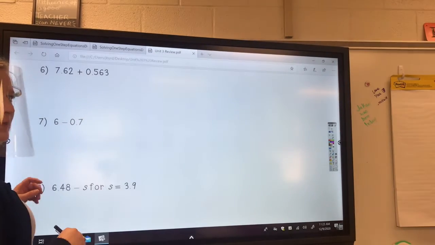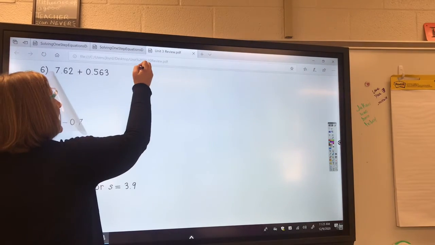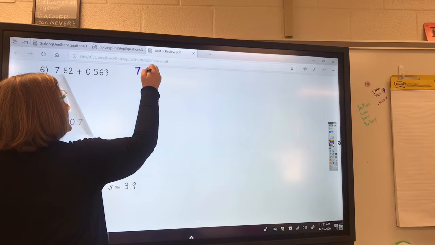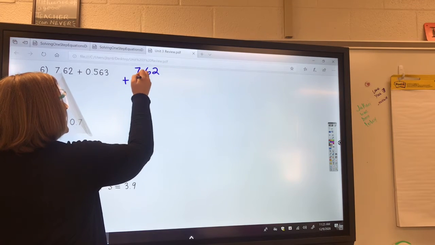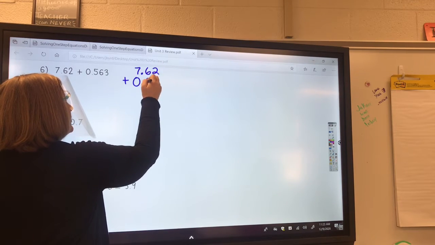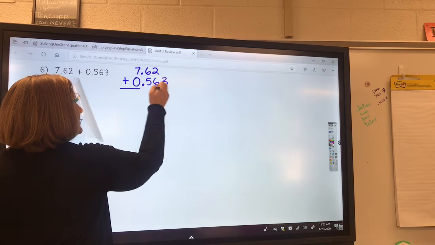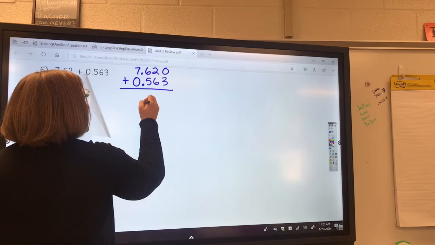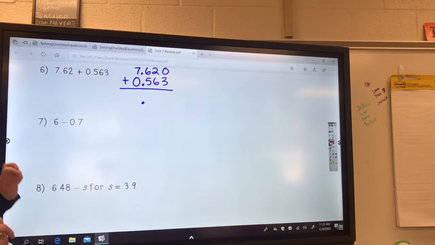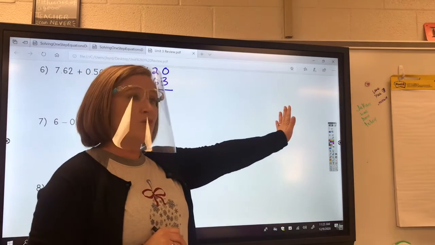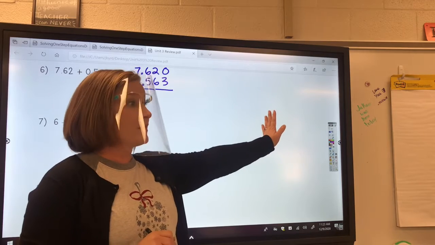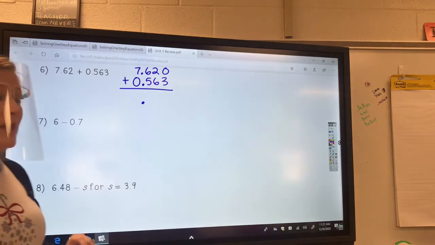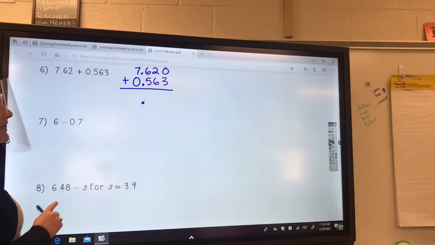Line up the decimals. So I've got 7 and 62 hundredths plus 563 thousandths. And you have to add a 0. I've got to add a 0 and bring my decimals straight down. Now, you've got all of this room over here that you can show your work. And I'm going to show you what I want you to do with the answer in just a second.